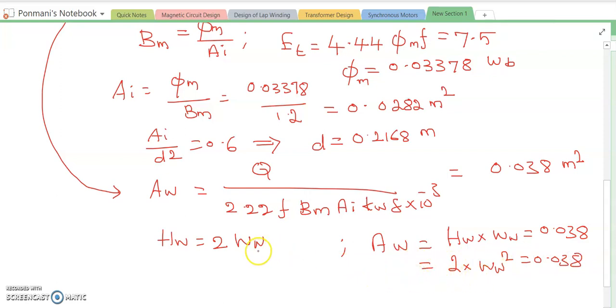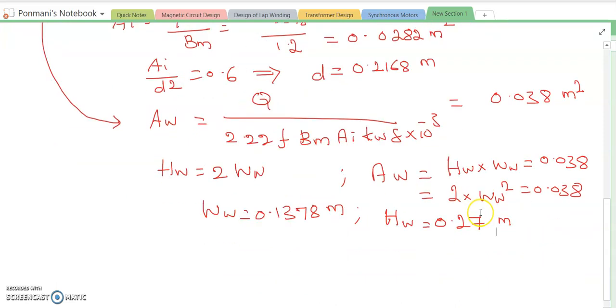From this we can calculate the width of the window, which will be 0.1378 meters, and on substituting it we can calculate the height of the window as 0.27 meters. So like that we have calculated the window dimensions.